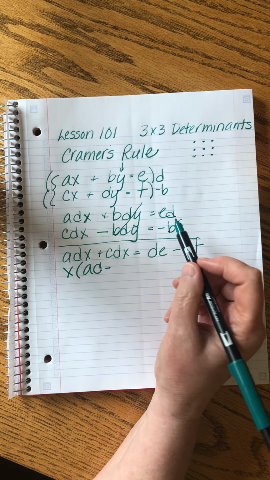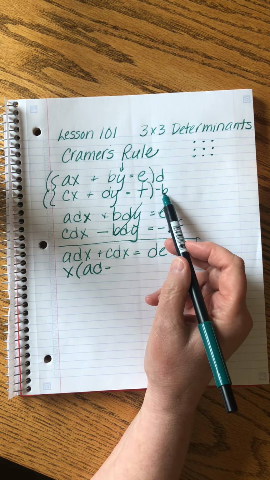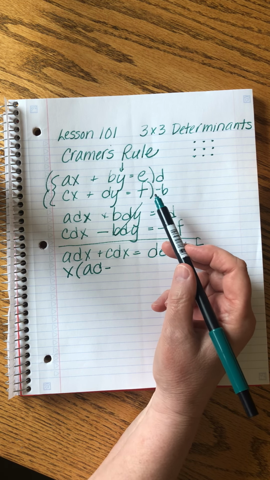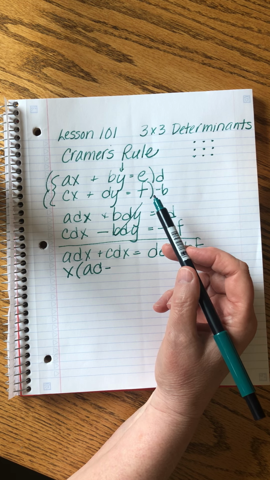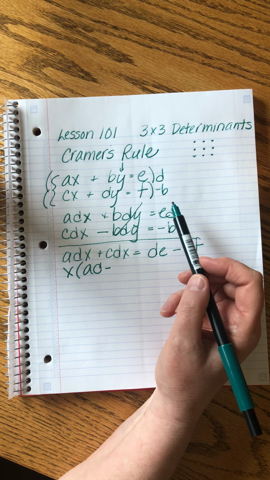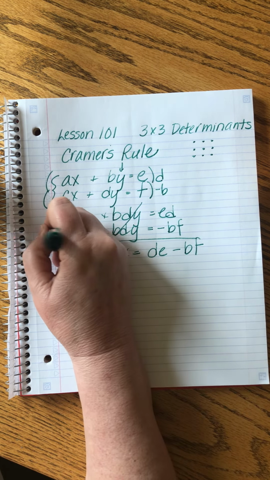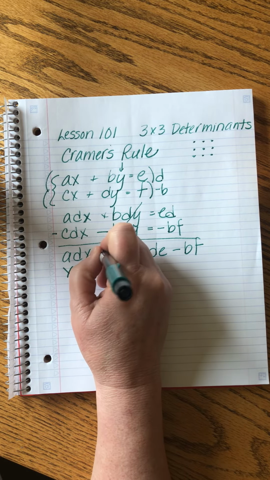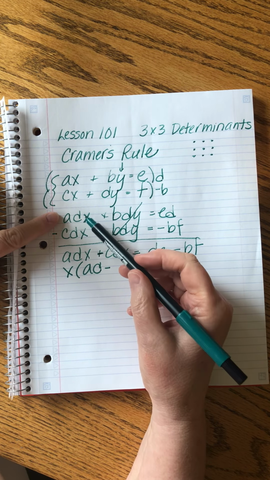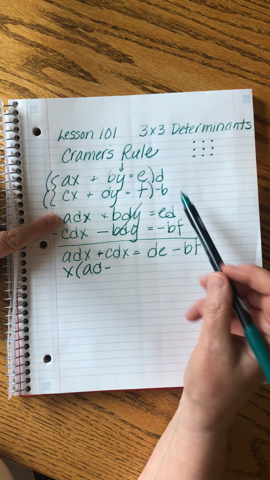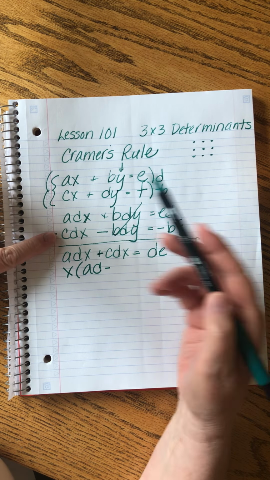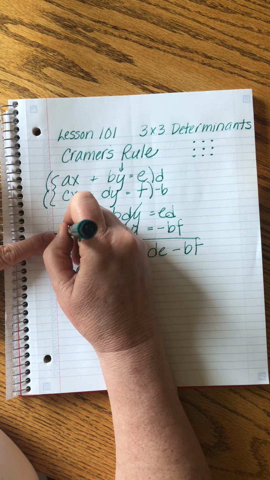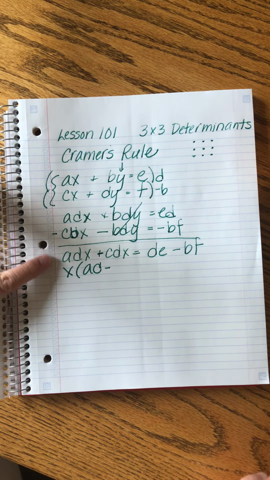Second, I feel like I made a mistake in here. Oh, yes, this should be a minus. It would be ADx minus, oh, this should be a B. Sorry if I confused you.